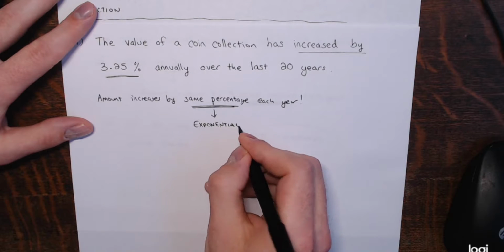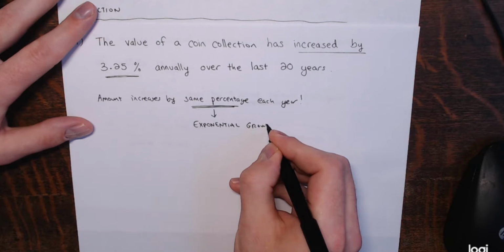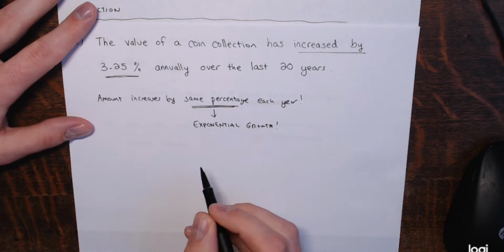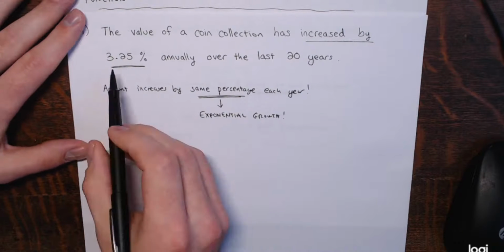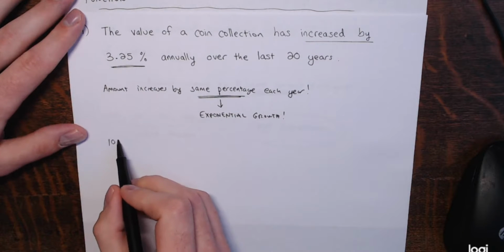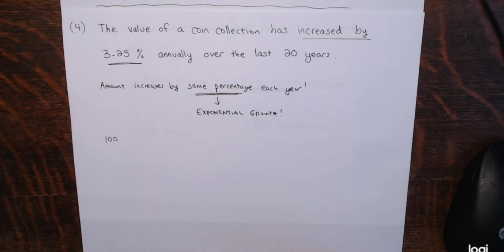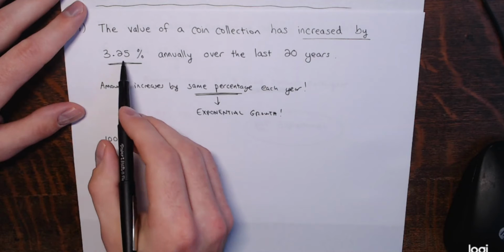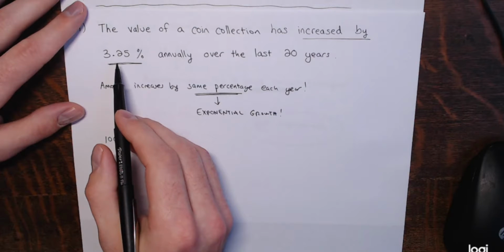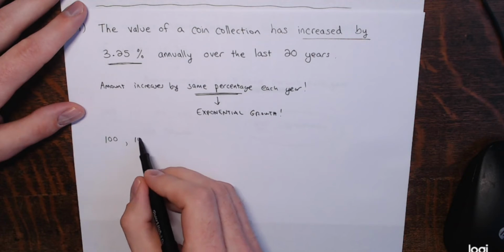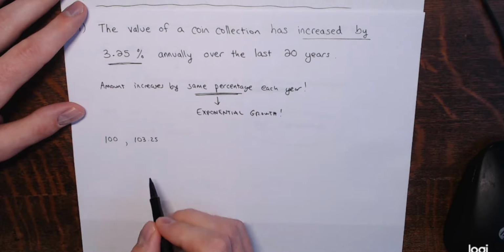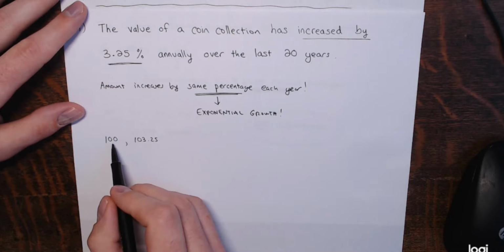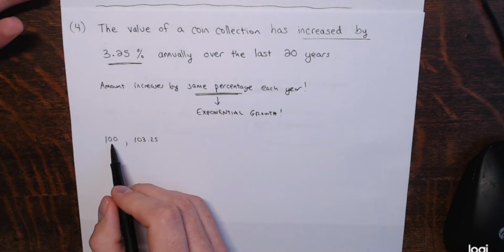And I'll give you a little example here with some numbers I'm just going to make up, all right? So for instance, if we started with 100, right, say the value was $100, then the next year it would increase by 3.25%, so it'd be $103.25, right? Because 3.25% of this would be 3.25.